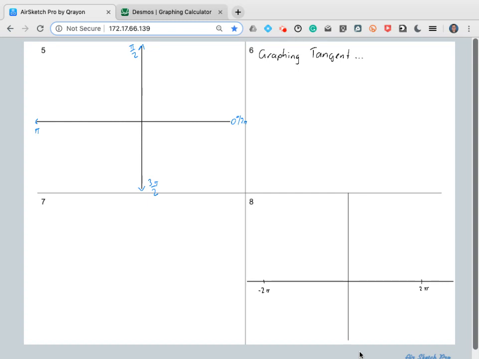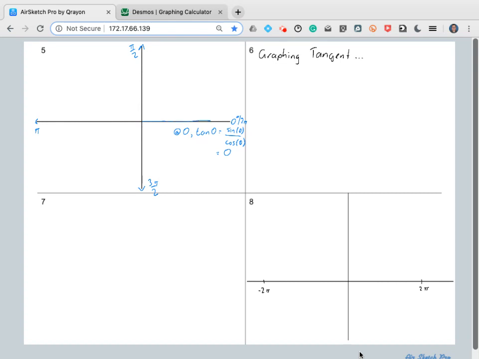Well, at 0, so 0 degrees or 0 radians, tan of 0 is going to be sine of 0 over cos of 0 because of that special relationship, right? Sine of 0 is 0. You can see that from the unit circle I've got here.